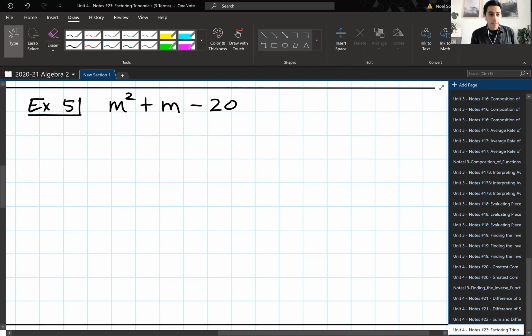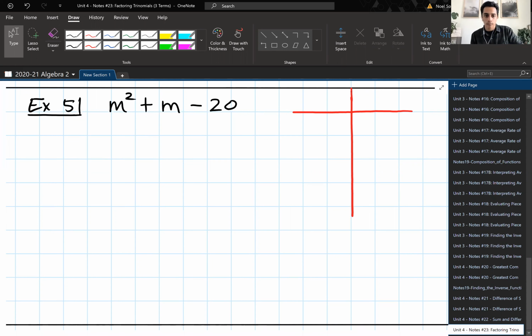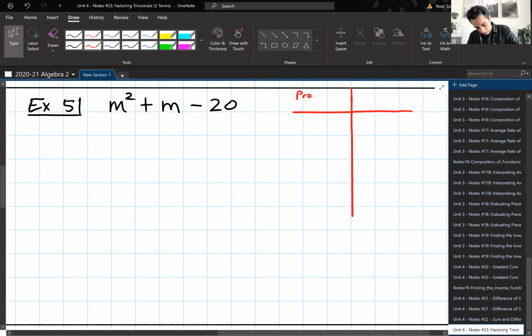All right, let's try now number 5. Okay, example number 5. Can somebody tell me what combination we are looking for? What do we want the combination of factors to be able to do? Okay, so product of negative 20, good.